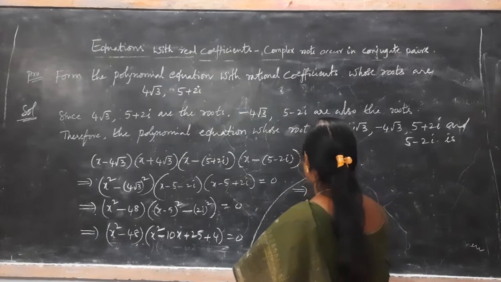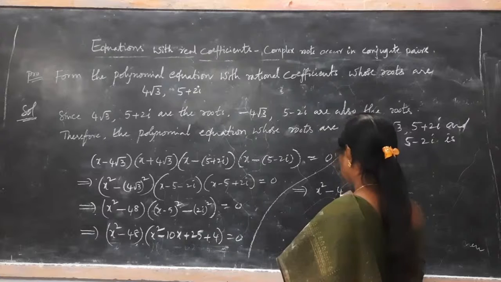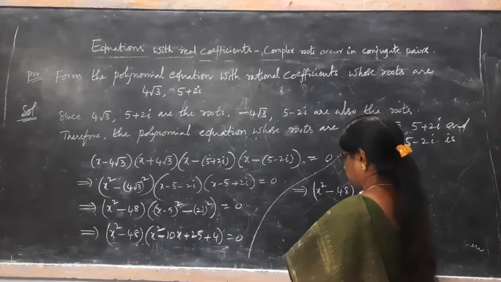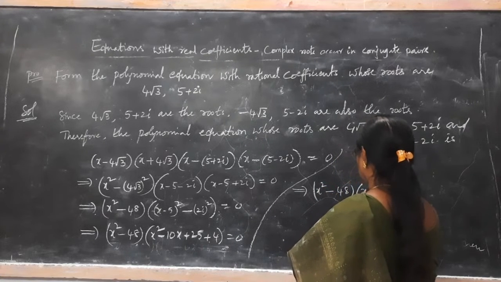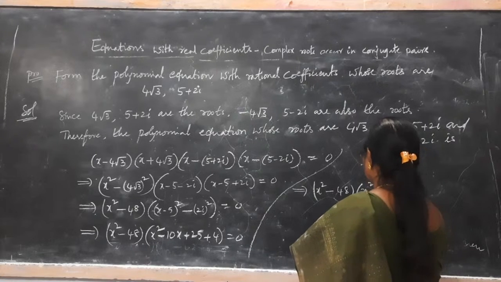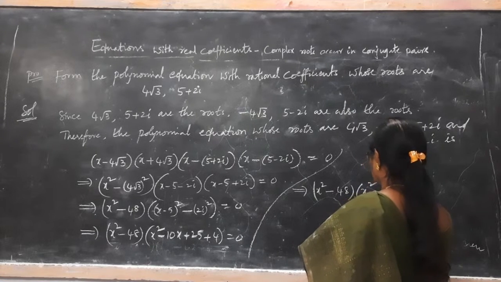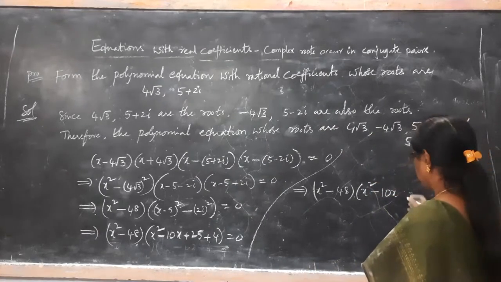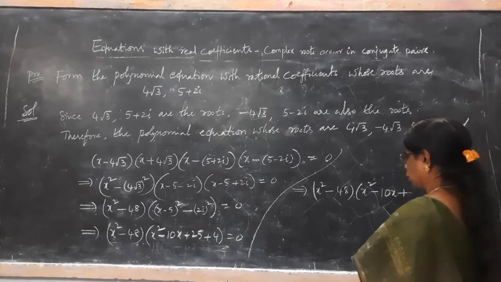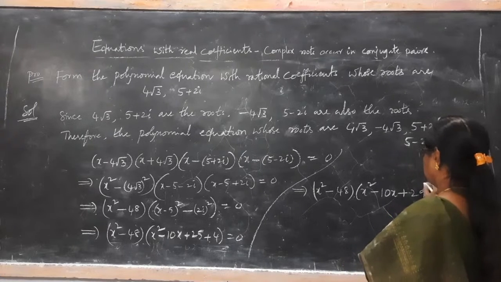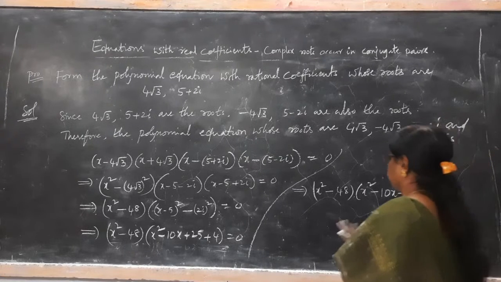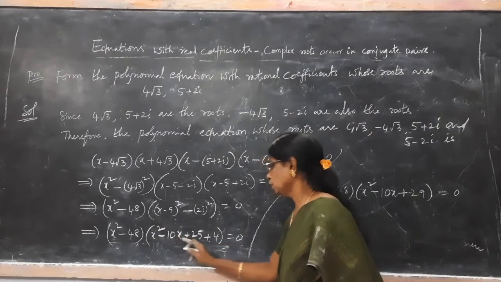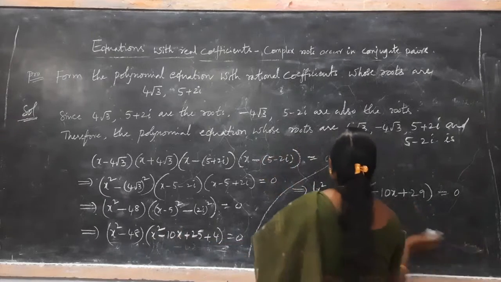This implies x square minus 48 into x square minus 10x plus 29 is equal to 0.